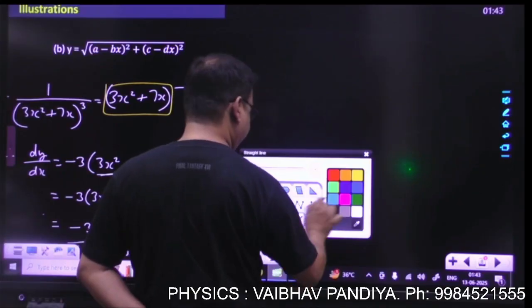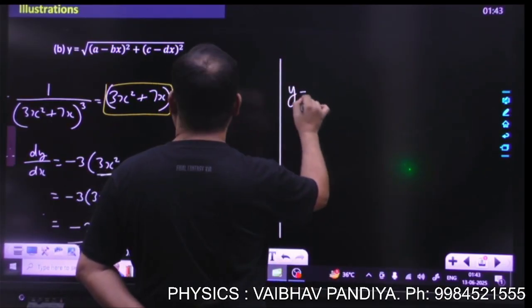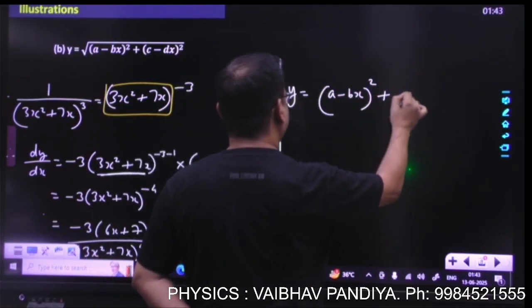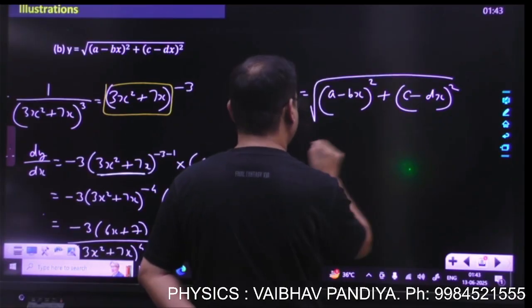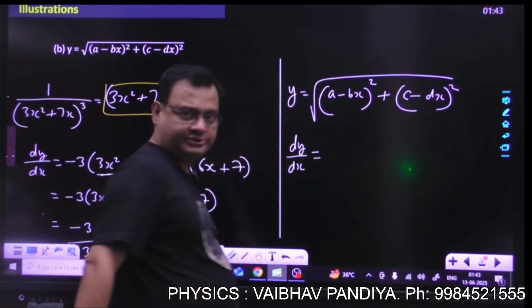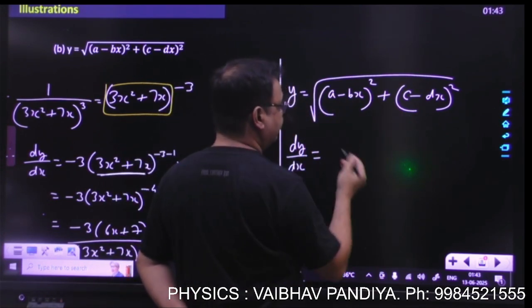Part B, similar types we have done in the previous illustration. y is equal to a minus bx whole square plus c minus dx whole square, whole under root. And you have to find dy by dx mentally, shortcut version. So this is in the root, so this will be treated as a single argument.